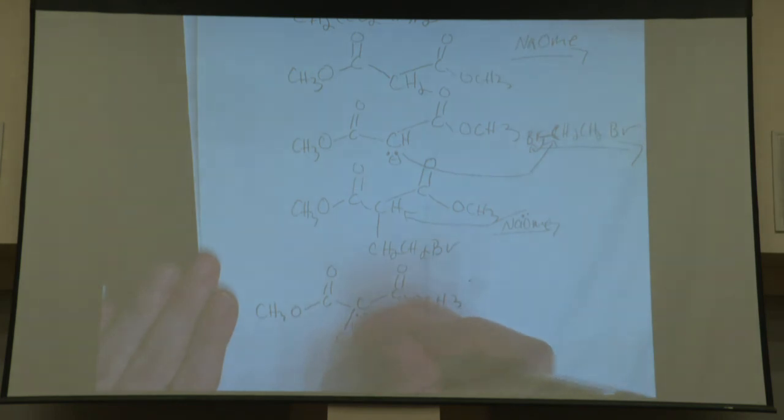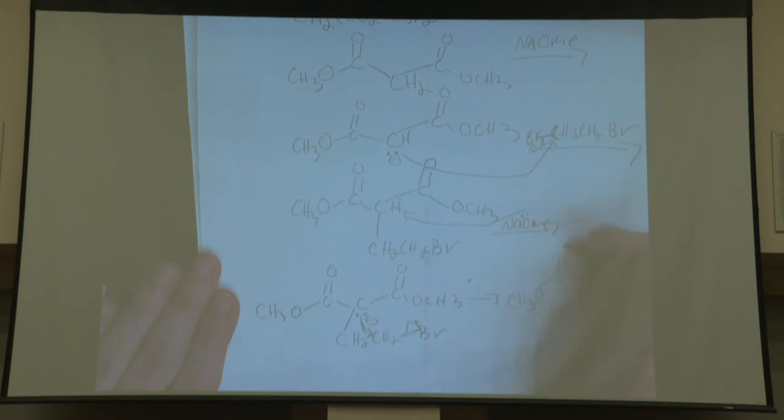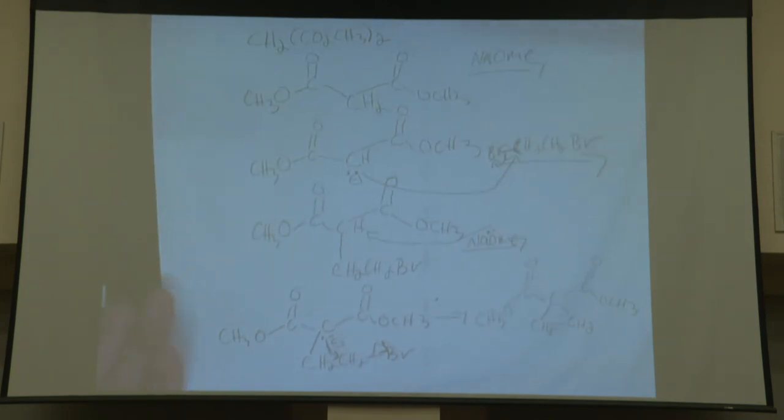And then these are a little sloppy. Okay, so now we're going to have this. Does that make sense how I got there? I know this is a little tricky one.